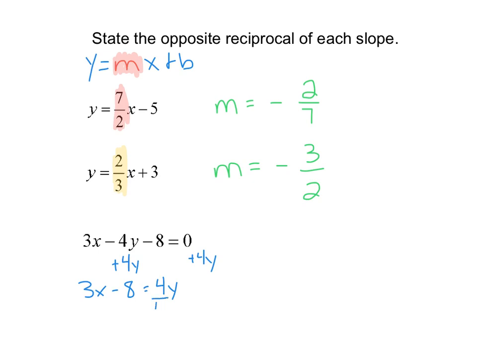And then just divide everything by 4. That will give us 3 over 4x minus 2 equals y. So now we have to identify the slope. Remember, slope is always attached to the variable. So if we just highlight it, the slope is 3 over 4.